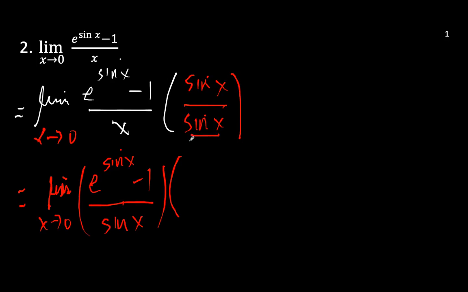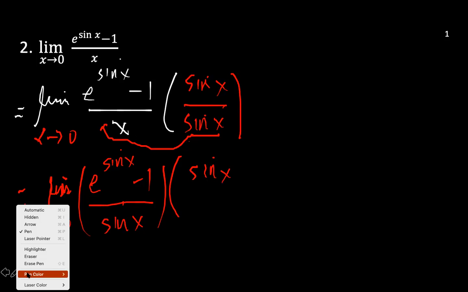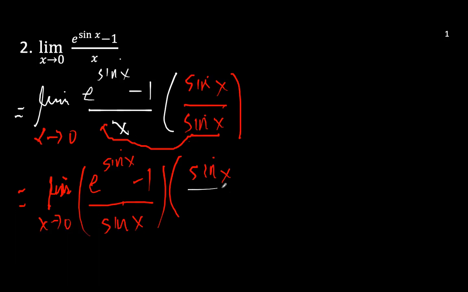The denominator sine x was placed on the denominator together with the e raised to sine x minus 1, and we have here sine x, and of course, the x here will be written below the sine x. So let's use the white one. Here we go. Okay. So again, this expression is just equal to the given expression. We just commute some of the factors in the given expression. So now we could apply the theorem for the exponential function.